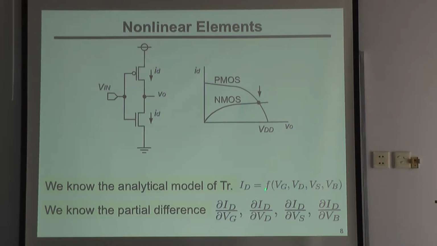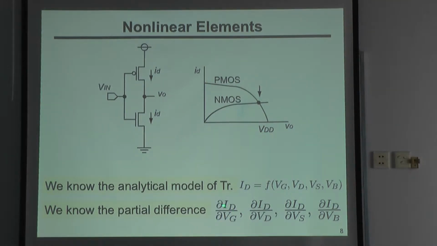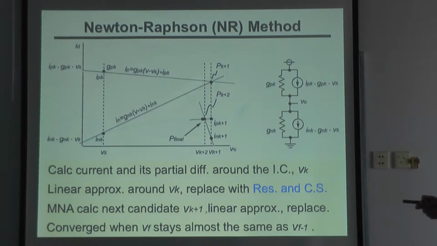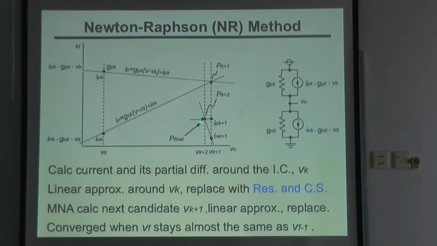The drain current depends on the gate voltage, the drain voltage, the source voltage and the body voltage. And once we know these analytical expressions, we can calculate their differentials like this: ∂ID/∂VG, ∂ID/∂VD, ∂ID/∂VS and ∂ID/∂VB. Once we have this equation and these equations, we use the Newton-Raphson method to get these values.